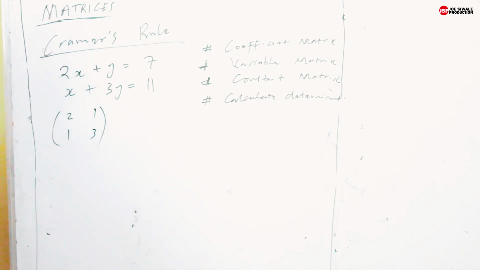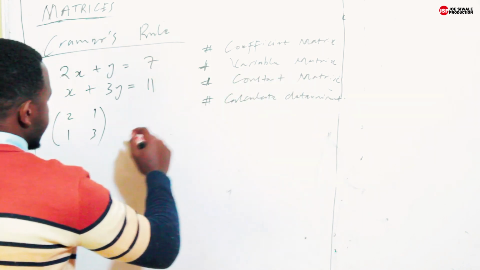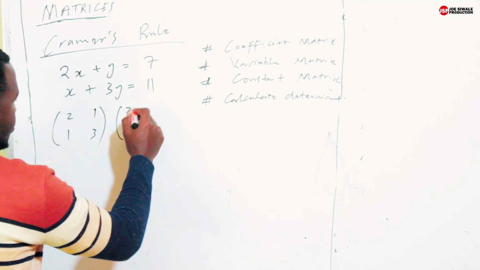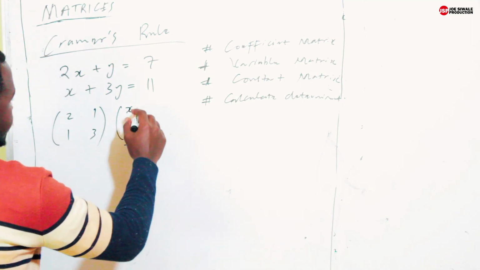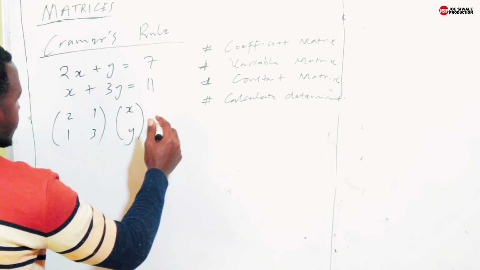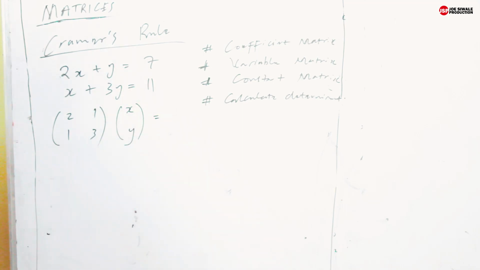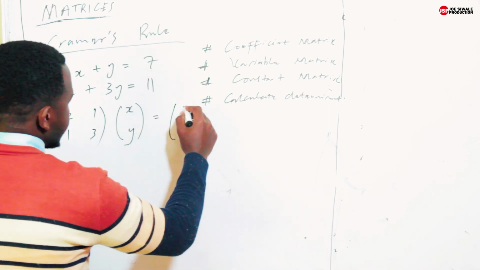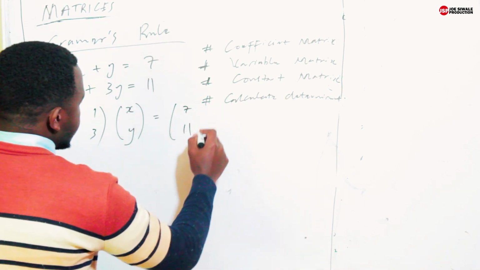So this is our coefficient matrix. For the variable matrix, we only have two variables, so we're going to have x, y. Then for the constant matrix, we're going to have 7 and 11.